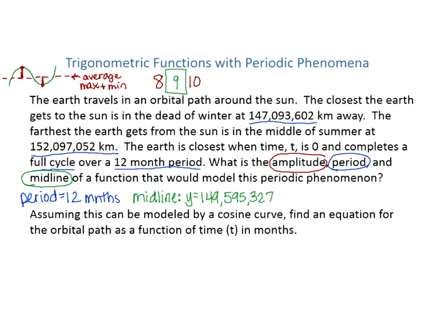So that means that we're going to do this number minus this number. And when you subtract those two to find the distance between them, you will get $2,501,725.